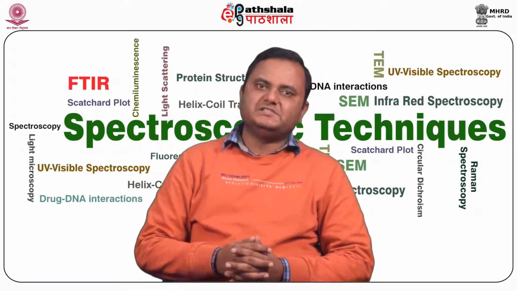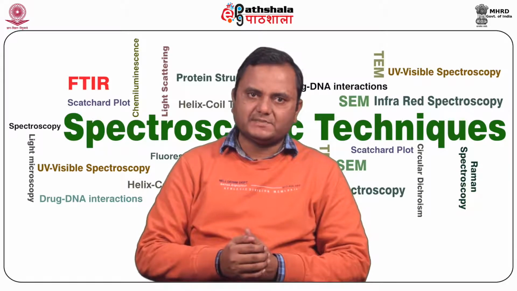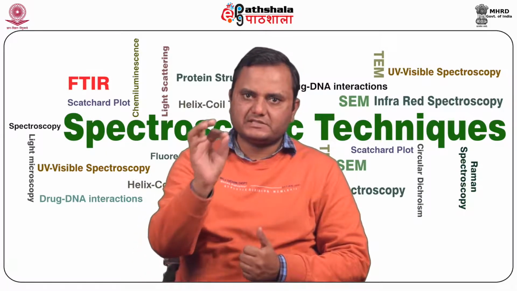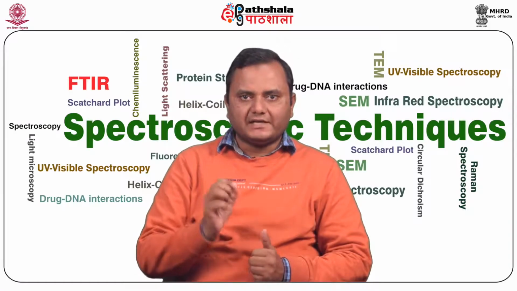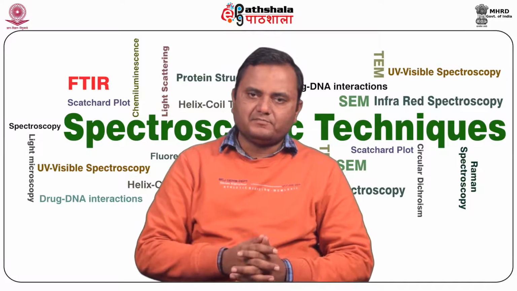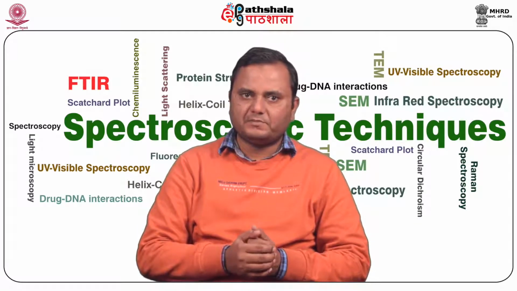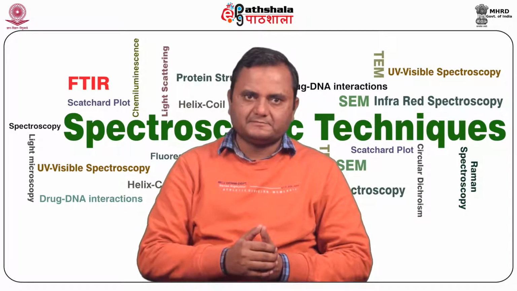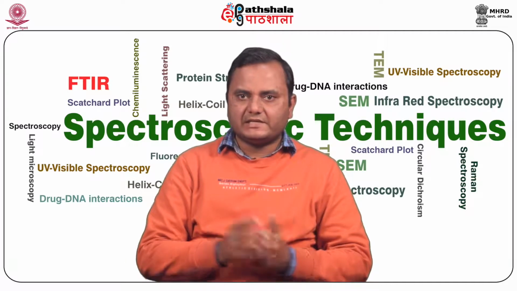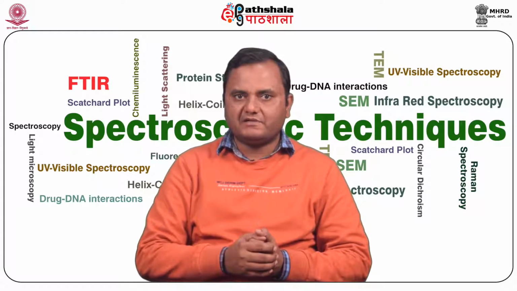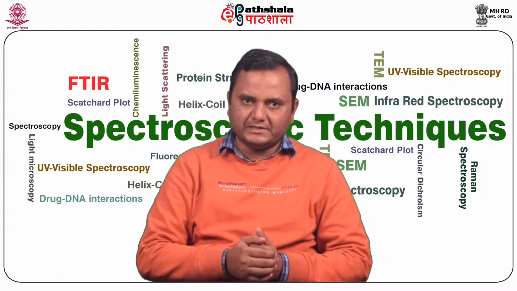Once you get the CD spectra, you need to know how to analyze them and how to derive information from them. For that you must remember these points. First, an all alpha helical peptide has an ellipticity of minus 38,000 degree centimeter square per mole per residue at 222 nanometer, and an all random polypeptide has an ellipticity of minus 1200 degree centimeter square per mole per residue at 222 nanometer.